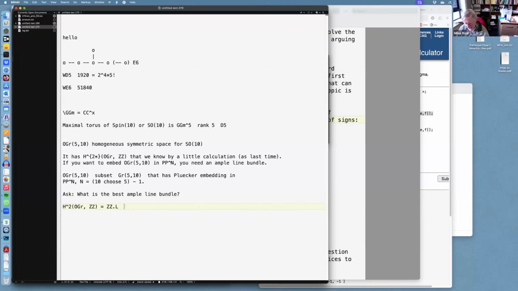So I'm writing a line bundle, or L is O of 1.